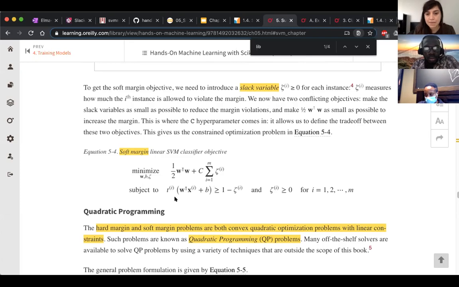So we are trying to decrease our weight as before, but we are also adding another sum over here, along with the same hyperparameter C that we had, defining our flexibility. And now the slack variable is a new one. So these will compete with each other.